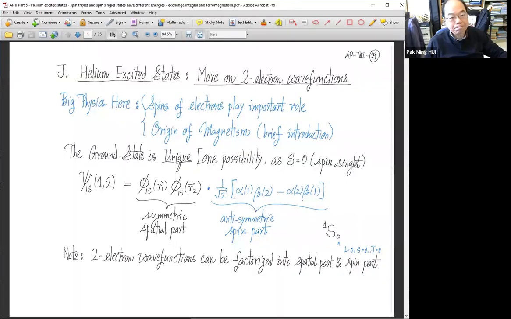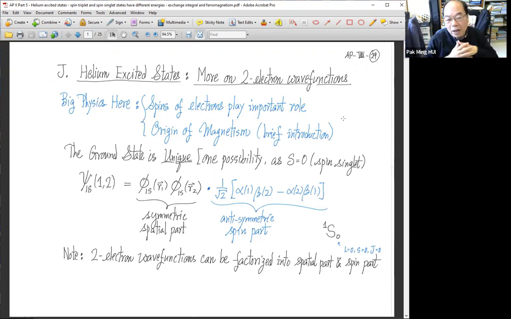So we started to see some big physics coming out from this anti-symmetric requirement of the electron wave function. The next big physics consequence of this same requirement is most clearly brought up by considering excited states. It's the low energy excited states, not the high ones, of the helium atom.